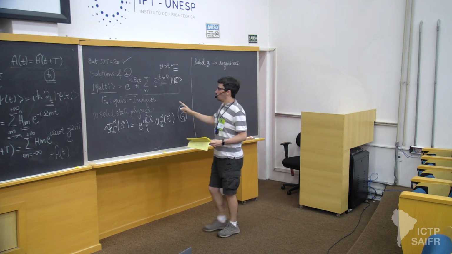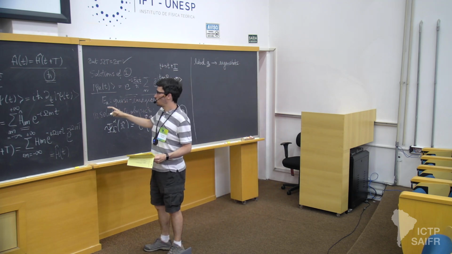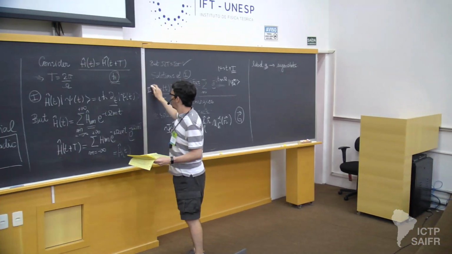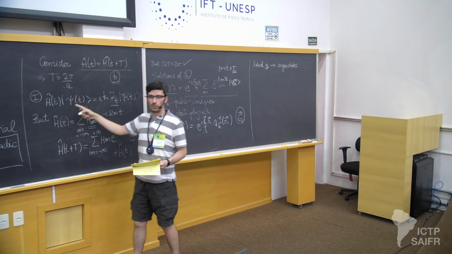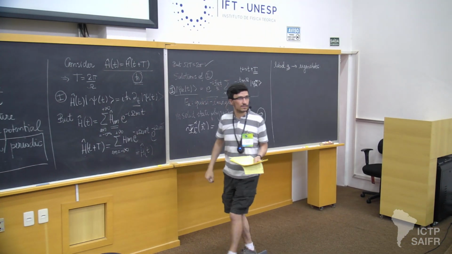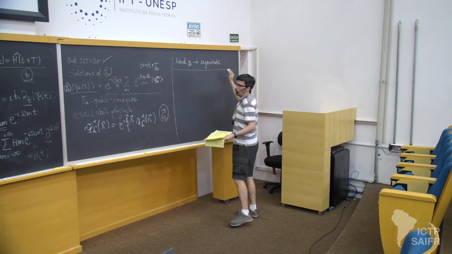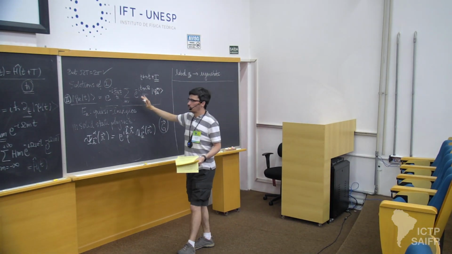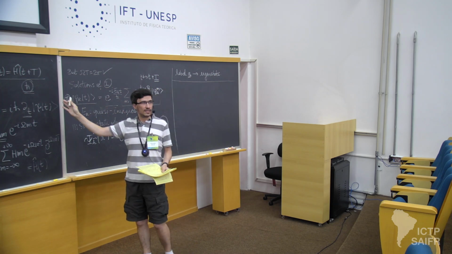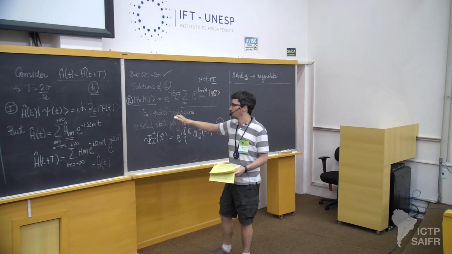Okay, so what we have to do now is take the solution 1, the solution 2, and check if 2 is a solution of 1. It's just some algebra, but we can do this algebra together. Please let me know if you find a minus sign that is missing somewhere.